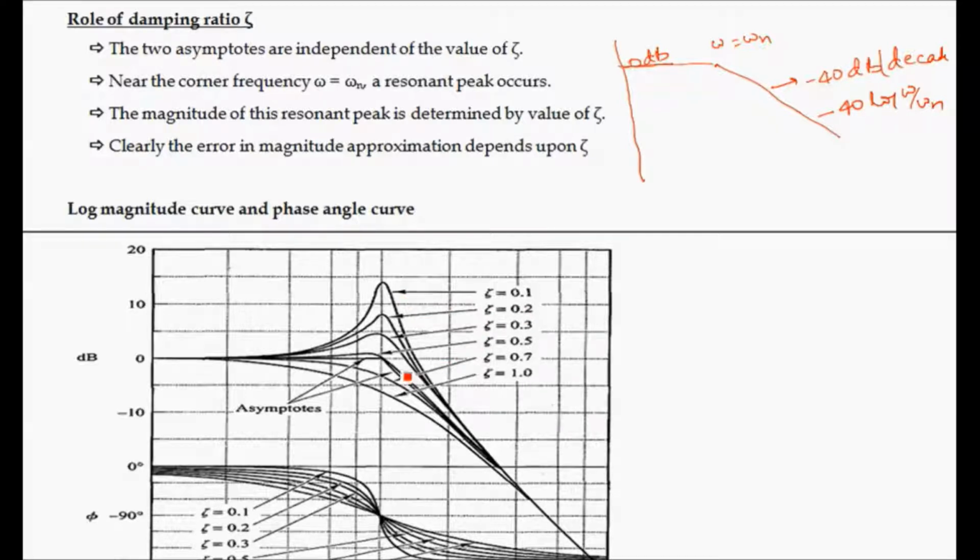For zeta approximately equal to 0.7, we do not see any peak. So the error in the magnitude approximation depends on the value of zeta, and the smaller the value of zeta, the larger the peak at omega equal to omega n, that is, at the corner frequency.